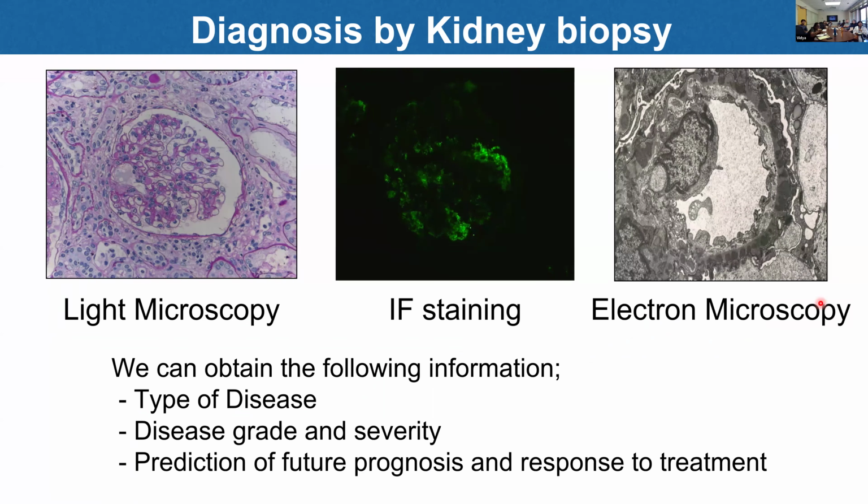Through the kidney biopsy, we can obtain information about not only the type of the disease, but also its severity, predicted future prognosis, response to treatment, and so on. Based on this information, the nephrology physician thinks about how to proceed with therapy for each patient.